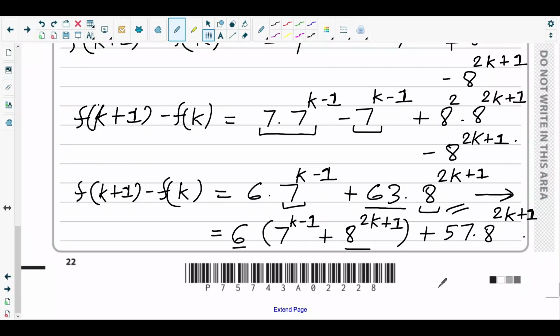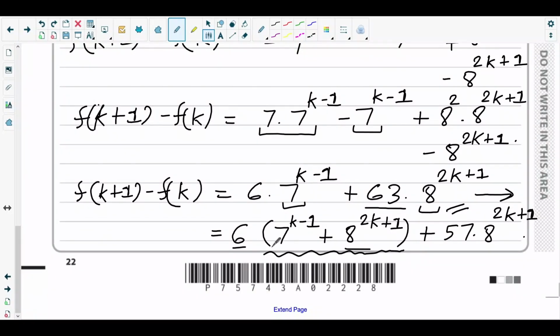Okay, so the main concept is that we are trying to represent the difference between f of k plus 1 and f of k in terms of f of k. To do that, we have represented the equation for f of k here, and then we multiplied it by 6, and then we got 57 there.